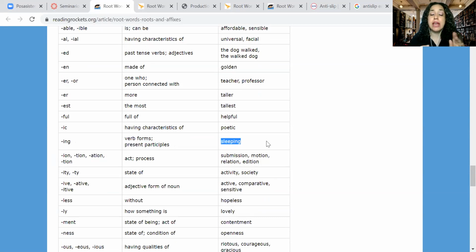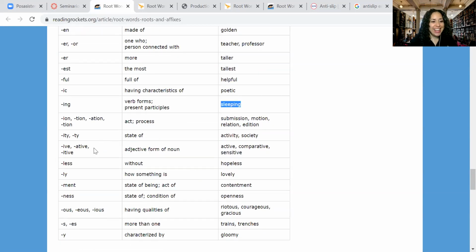So sleep is the action, but sleeping in participle is telling us it's happening right now. Less. This one has a lot of use. That's the suffix less. It means without. So for example, hopeless.